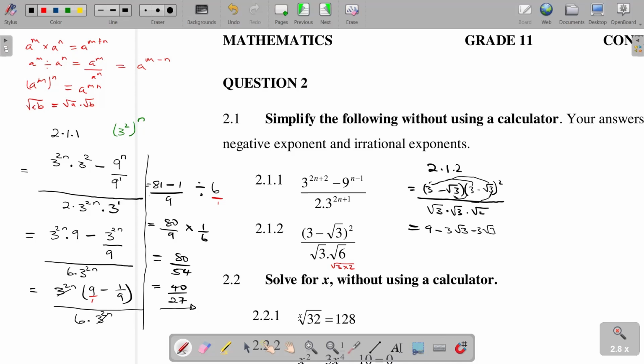Simplify there, plus 3 all over root 3 times root 3, which is going to give us 3, then 3 root 2. Simplify there: 9 plus 3 is 12, then minus 3 root 3 minus 3 root 3 is minus 6 root 3, all over 3 root 2. We have to rationalize the denominator.